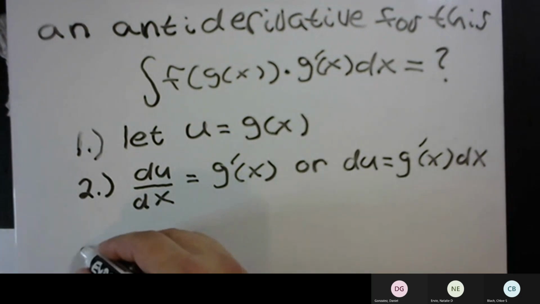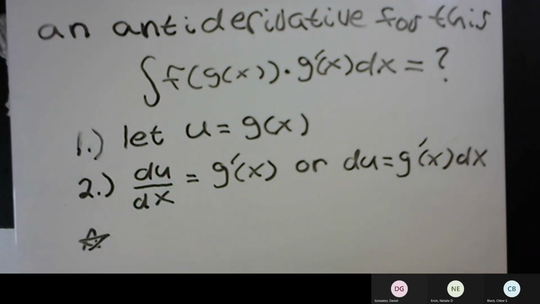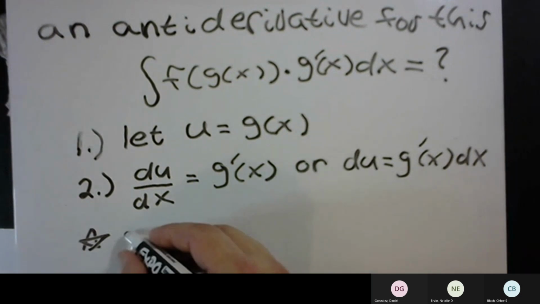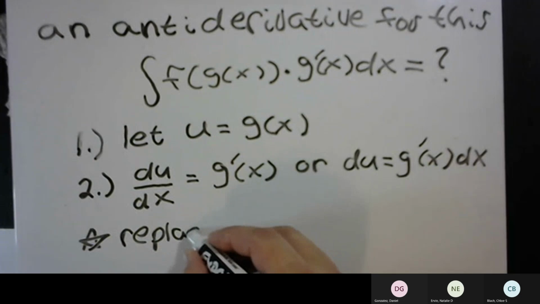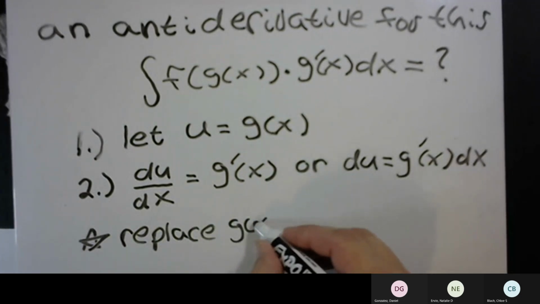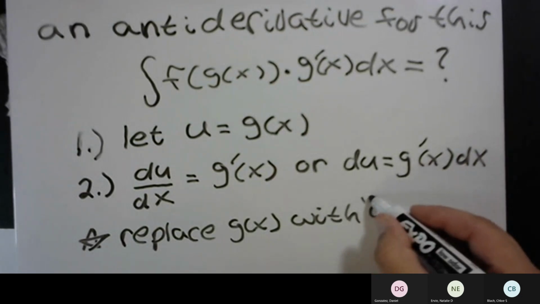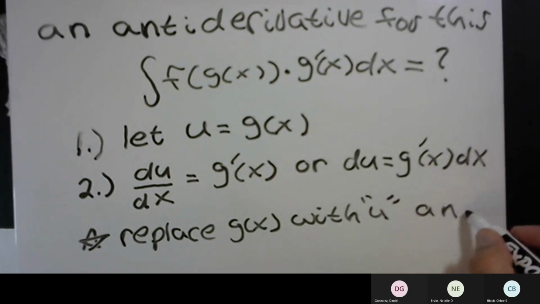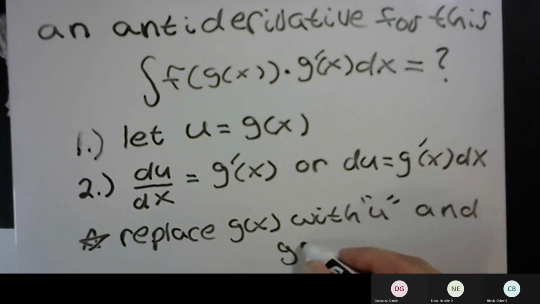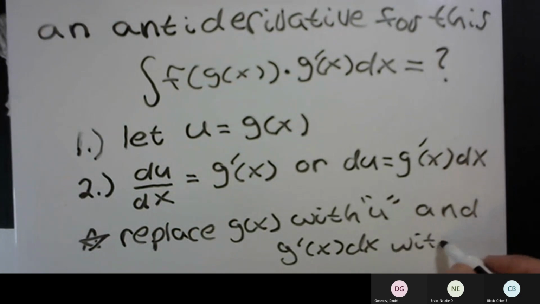So here's going to be the neat thing. In our integral, we'll replace g of x with u and g prime of x dx with du.